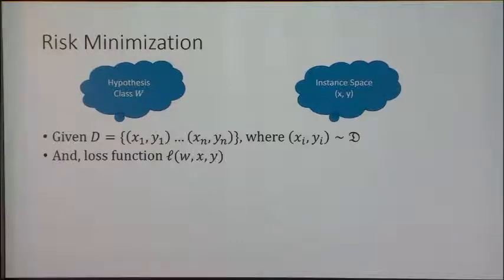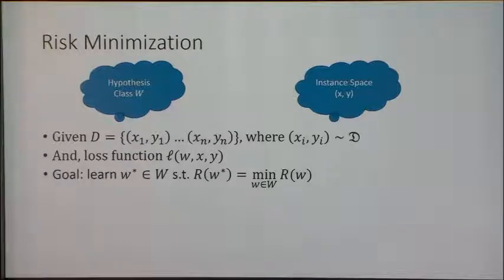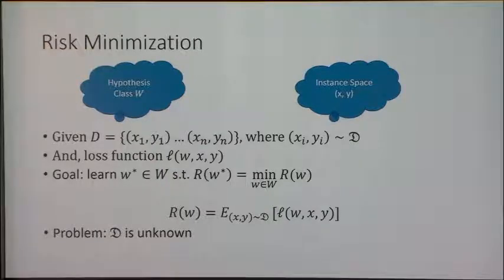And now my goal will be to minimize, in expectation, the risk that is incurred by my selected hypothesis. So this quantity I will call the risk, and if I knew the distribution, maybe I could directly try to optimize this quantity, but the problem is that I do not know the distribution.